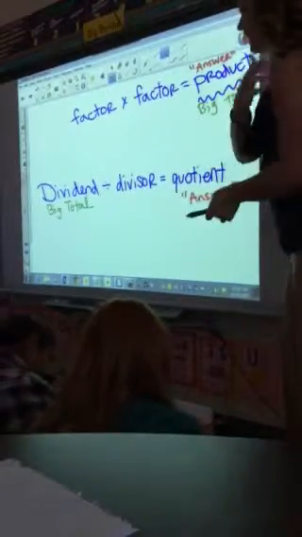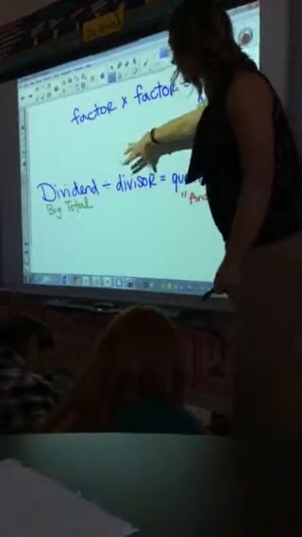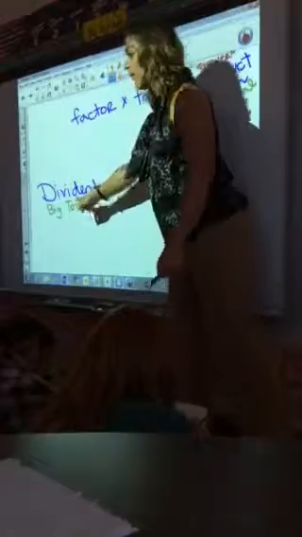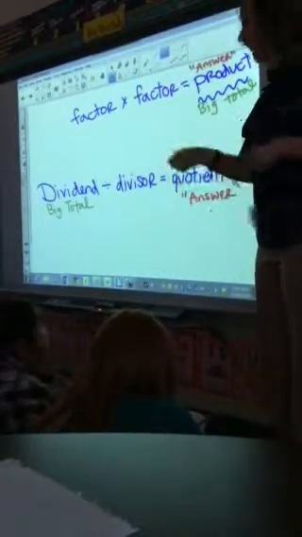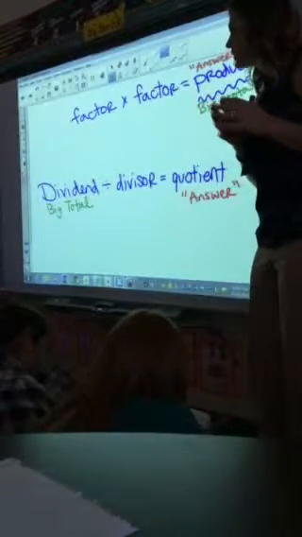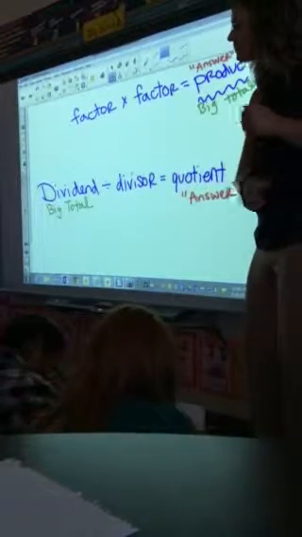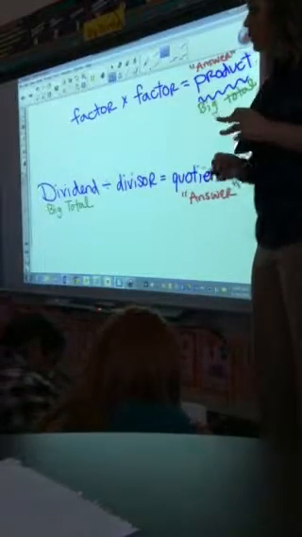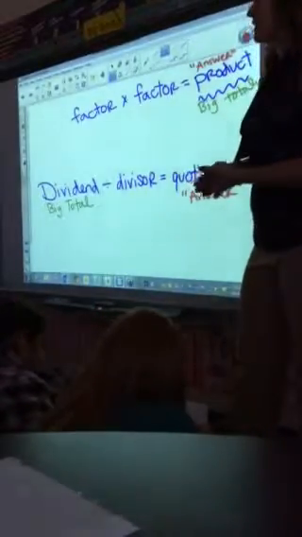Now, like Kaiden said earlier, if you took your quotient and multiplied times your divisor, you would get your big total. Do y'all remember what these two operations are called? They're equations if they're balanced on both sides.